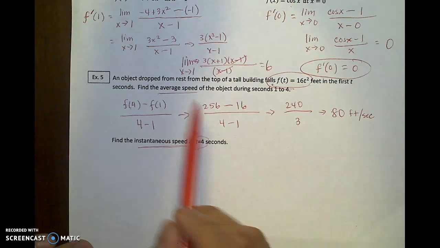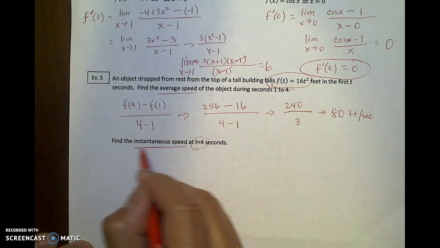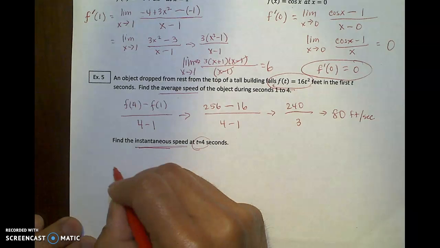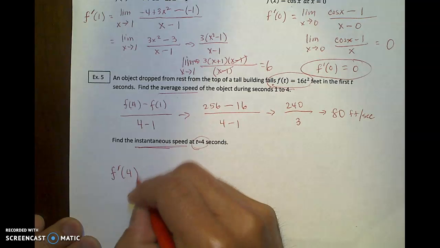So average speed, we're finding it this way. Instantaneous speed at a specific time value, it's the derivative. So we want to find the derivative of the function at 4.